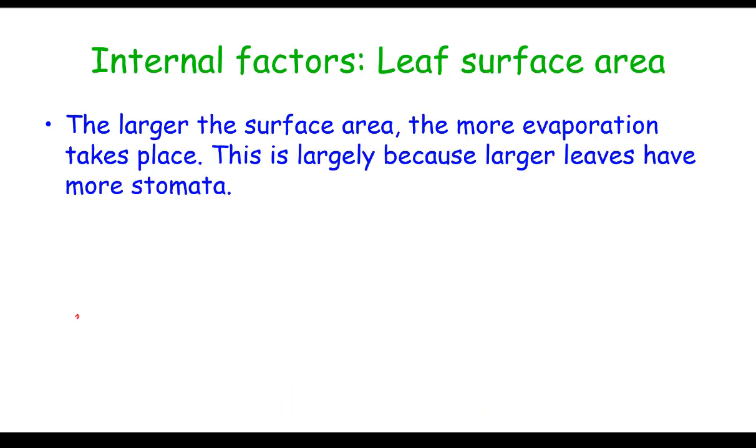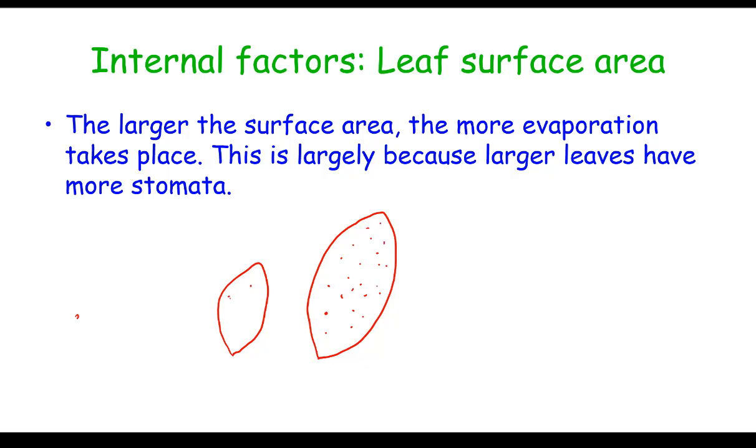Leaf surface area is also an internal factor. So obviously the larger the surface area, the more evaporation that takes place, and that's largely because larger leaves will have more stomata. So if we took two leaves from the same species, one this size and one this size, obviously this one would have a greater surface area, and so because of that it's going to have more stomata than this one, which would be smaller and have fewer stomata.